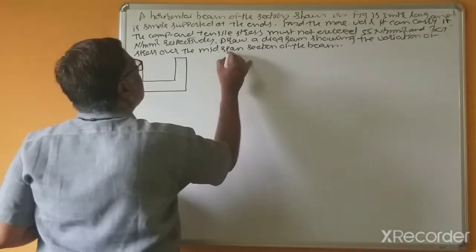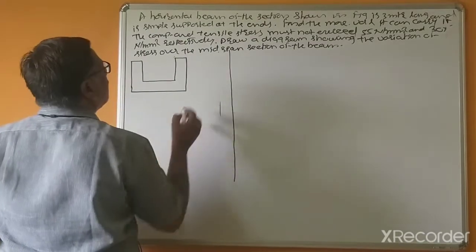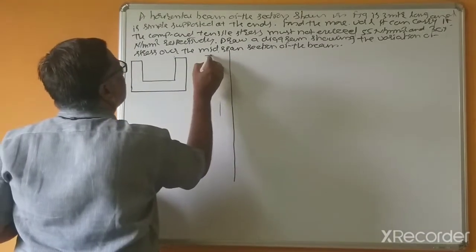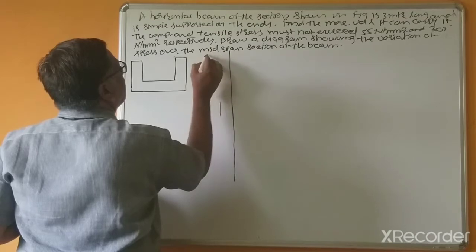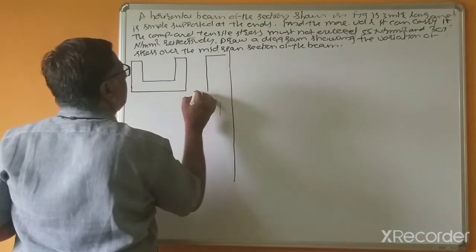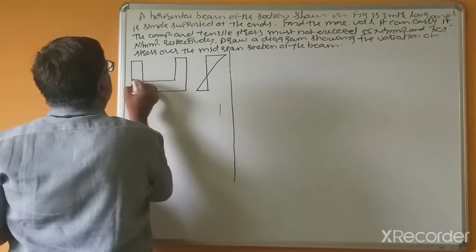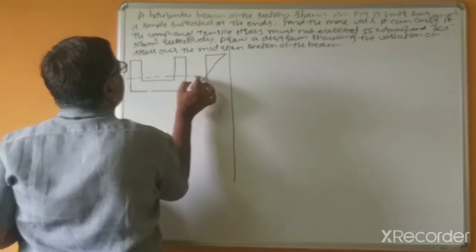So I use that space for calculation. And suppose this is the position of the neutral axis.